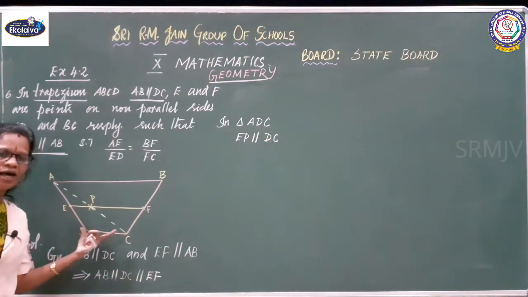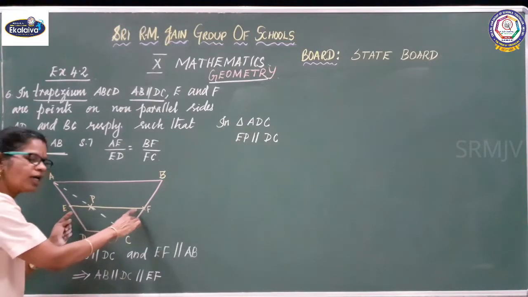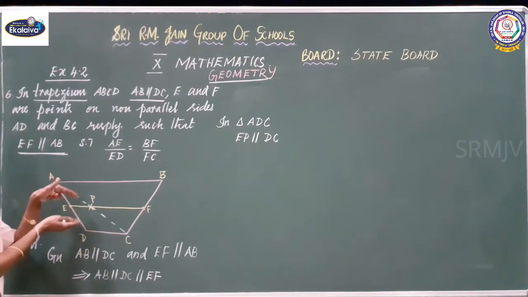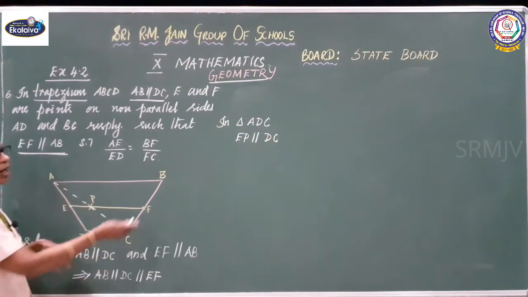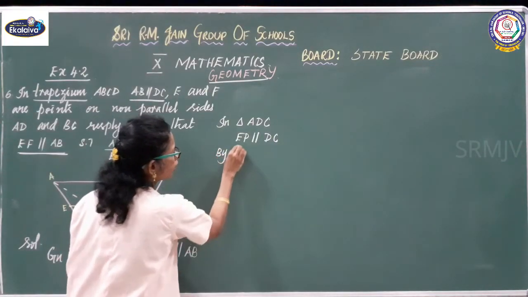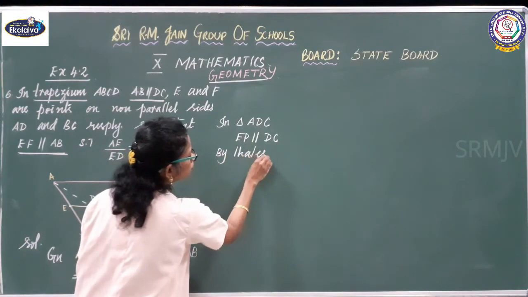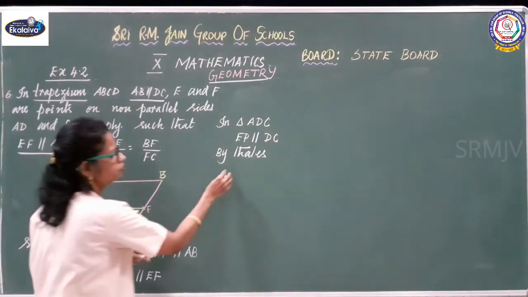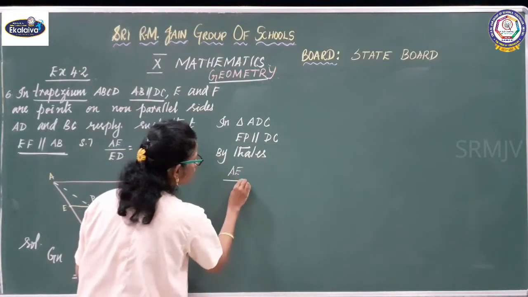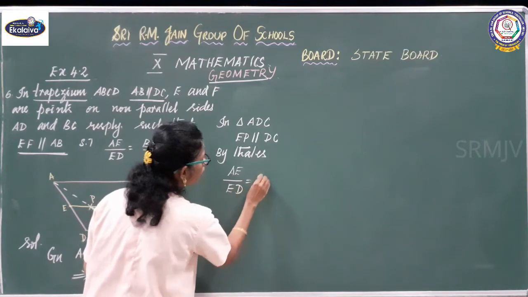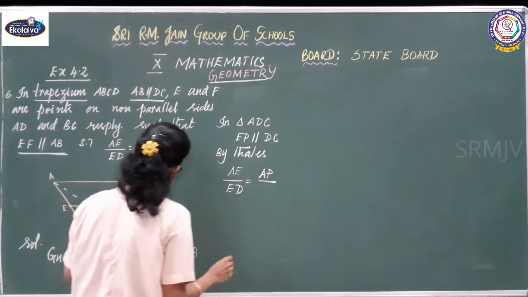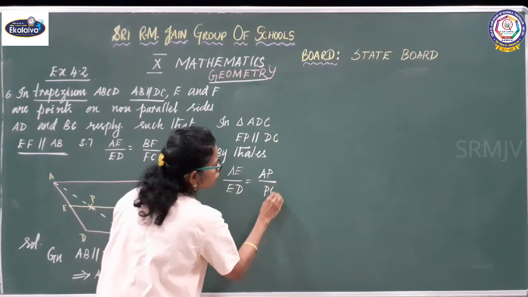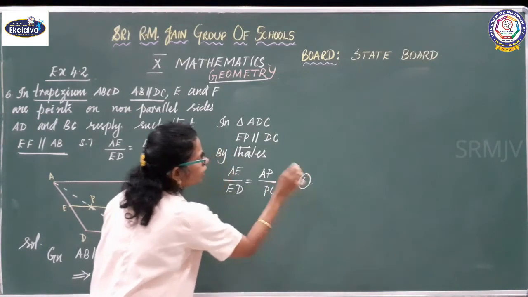Because EF is parallel, and every point lying on the line is parallel to DC. By BPT or Thales theorem, what is your conclusion? AE by ED equal to AP by PC. This is equation number 1.